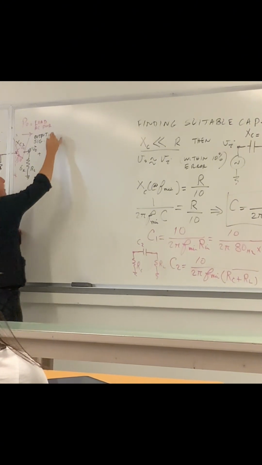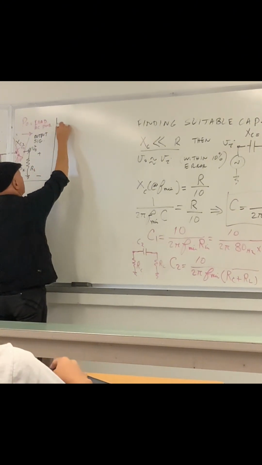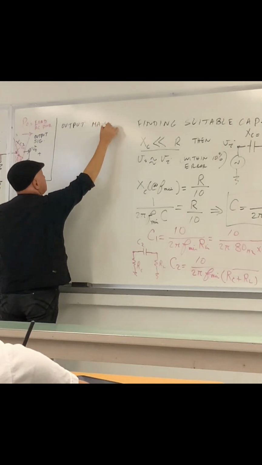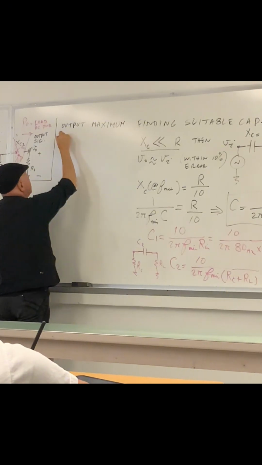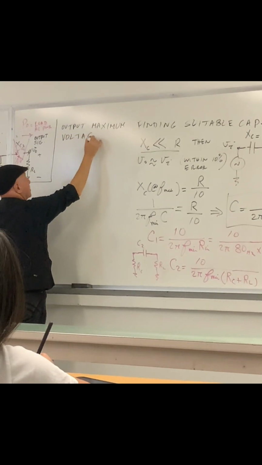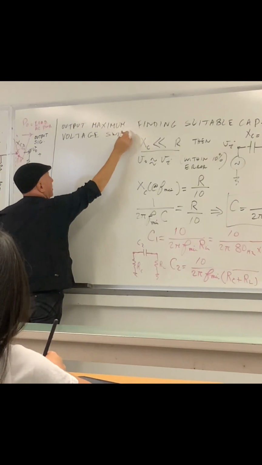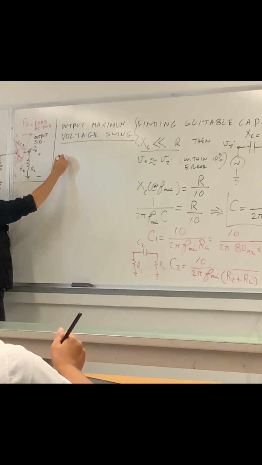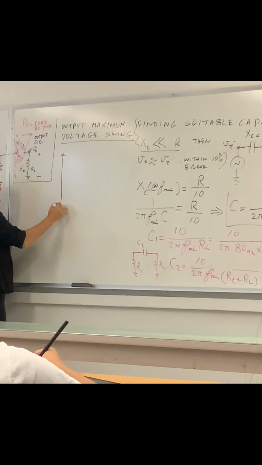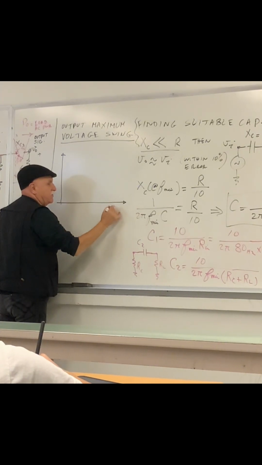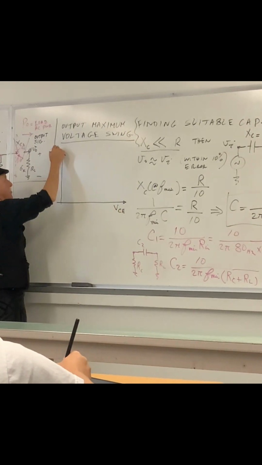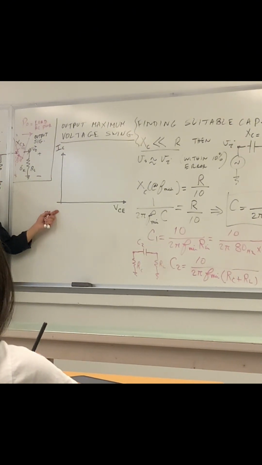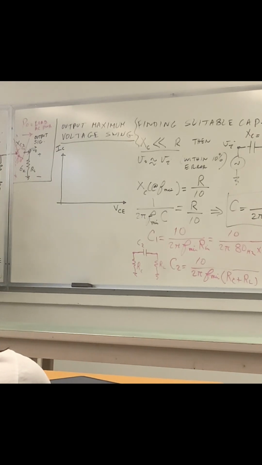The topic is called output maximum voltage swing. Here, VCE. Remember, we have IC from your EC 2200, VCE over IC.